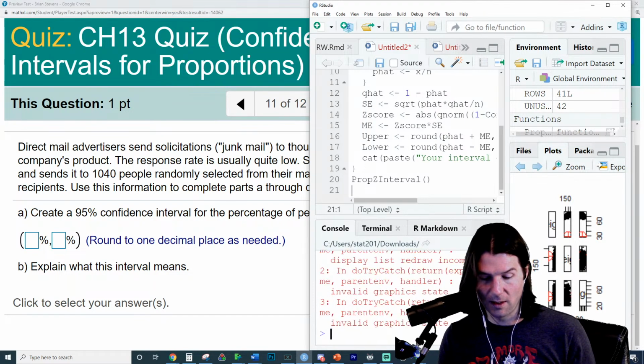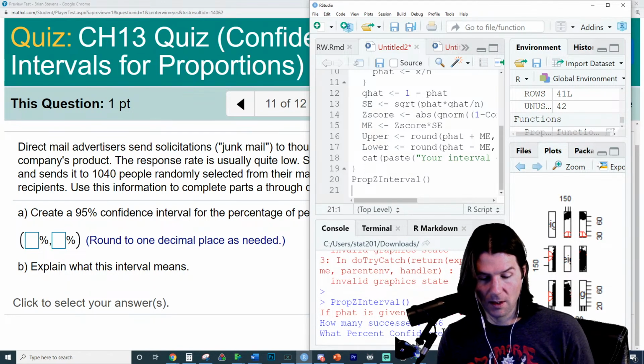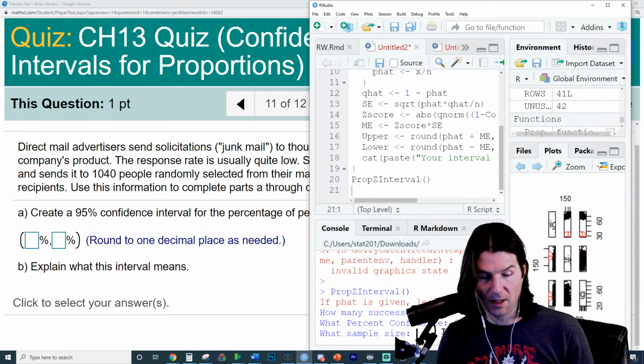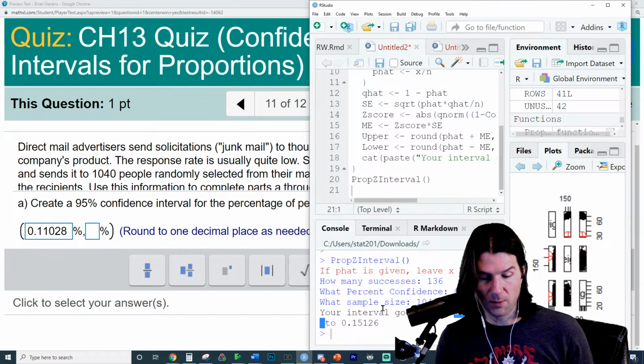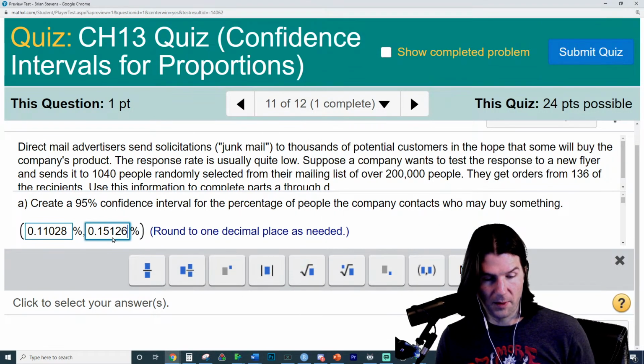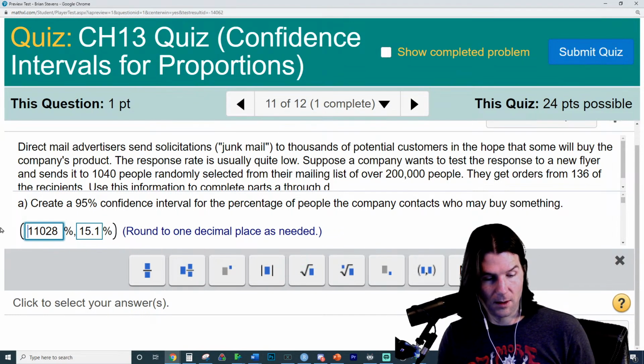Oh, wait, I totally messed this up. How many successes? 136. What percent confidence? 95% confidence. What was the sample size? This. And there's the interval. There we go. We'll just change the decimals here in a second. But that's got the interval. And round to 1 decimal. There we go right there.